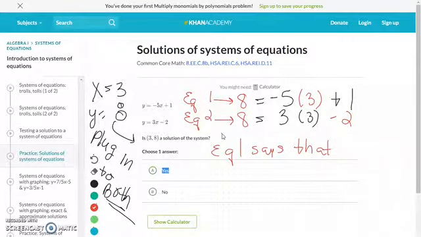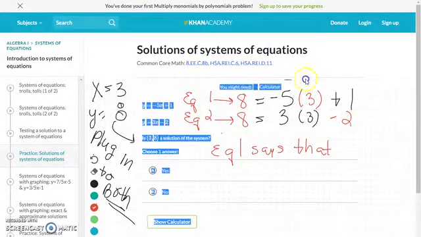So is it true that 8 on the left side of the equal sign is going to be equal to the product on the right? Well, clearly negative 5 times 3 is negative 15, and negative 15 plus 1 is negative 14. So right now I know that equation 1 is a false statement. 8 does not equal negative 14.